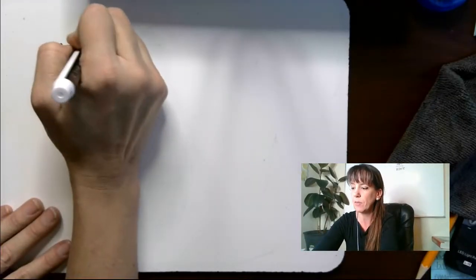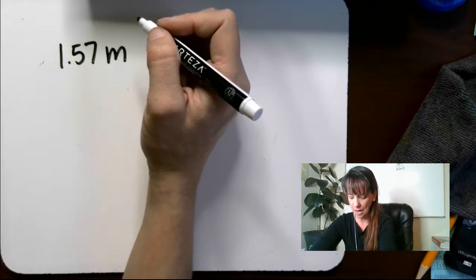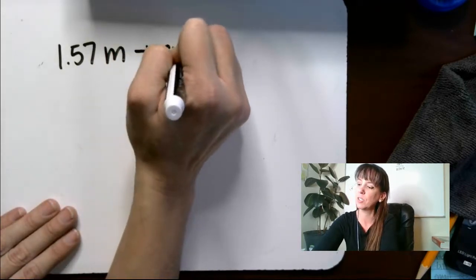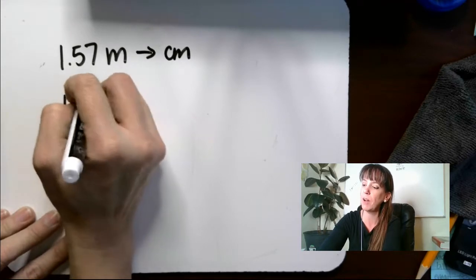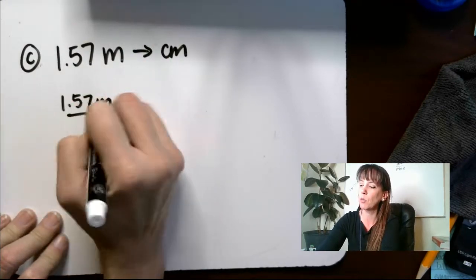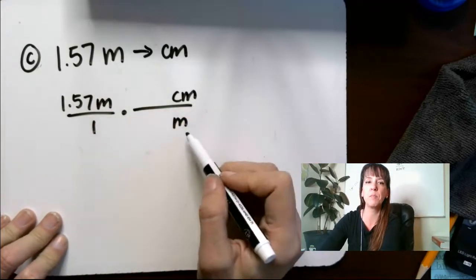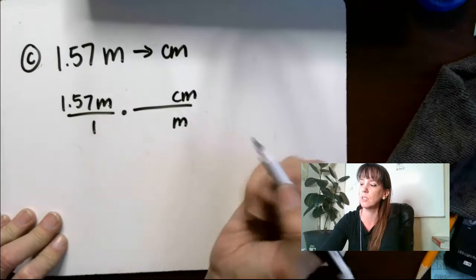C. Alfredo is 1.57 meters tall. How many centimeters is that? So we're going to go from meters to centimeters. This is C. 1.57 meters over 1 times centimeters over meters. Again, I'm putting meters in the bottom here because there's meters on the top here.